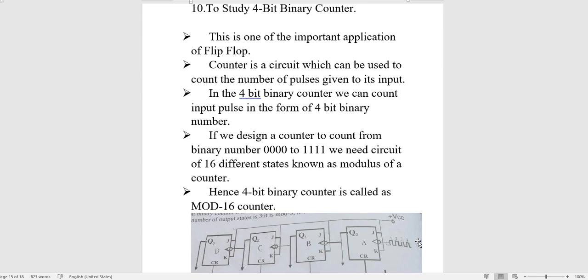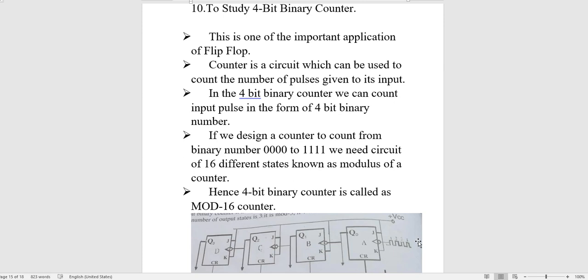That is, the possible combinations will be from 0000 to 1111. So there are different possible combinations used in this 4-bit binary counter, which takes input pulses and gives the count in the form of a 4-bit number. That number can be from 0000 to a maximum of 1111.